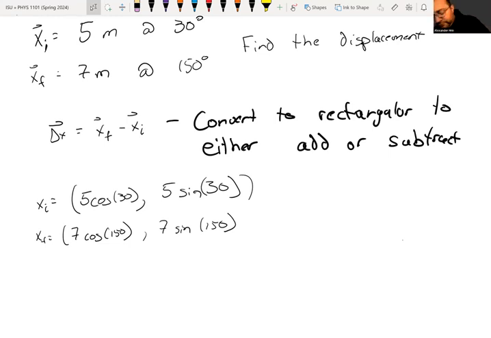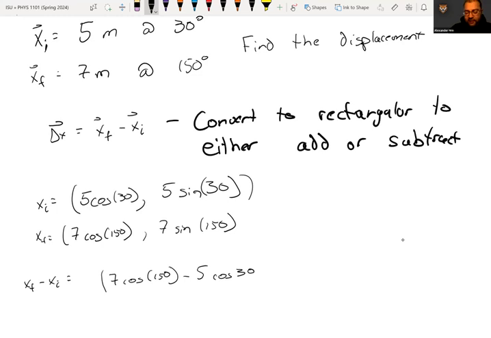Now, you may or may not remember these. Cosine of 30 ends up being square root of 3 over 2. Sine of 30 is 1/2. That's fine. But if we were to do x final minus x initial, basically what this is going to be is 7 cosine 150 minus 5 cosine 30.